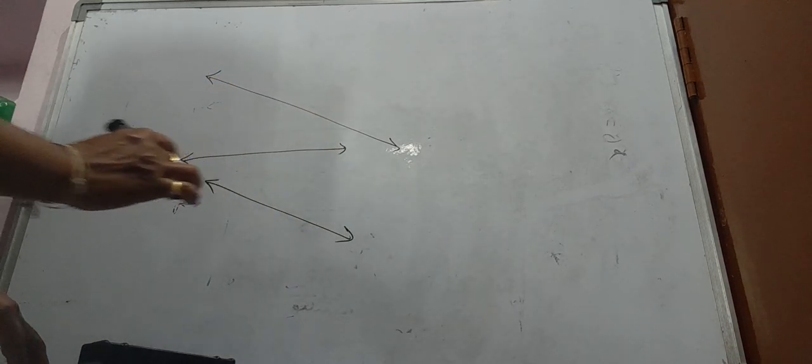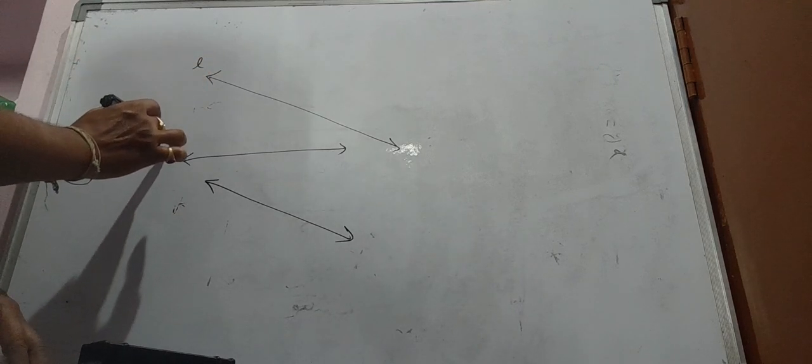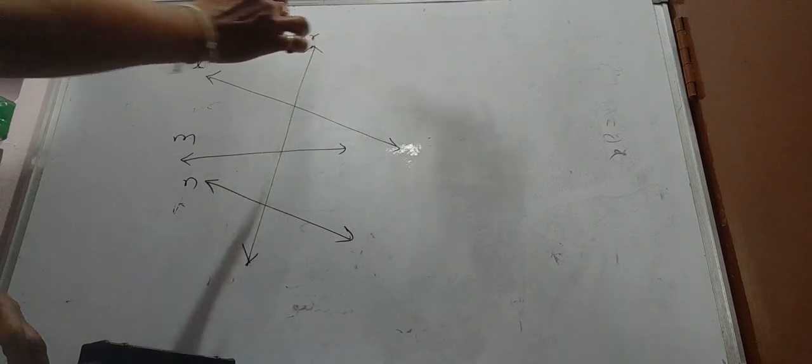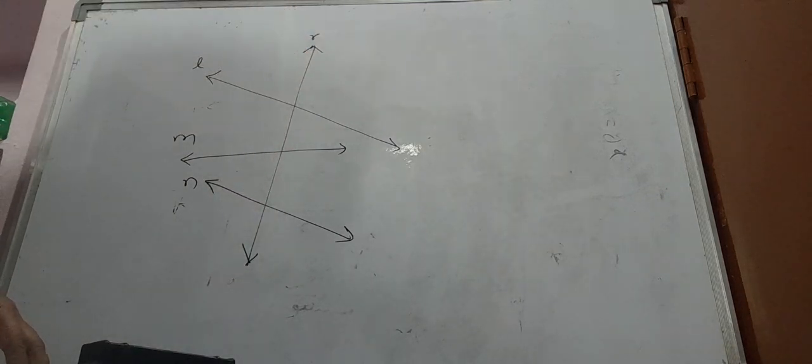transversal line. Suppose here there are some lines: the line L, the line M, the line N. Now these three lines are cut by one more line, say R. The line which cuts three or more lines is called a transversal.